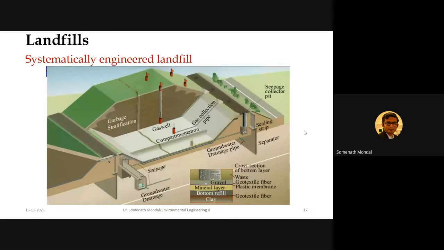And nowadays, if you go to most of the metro cities, you can see that in the vicinity of those metro cities, you have bigger landfills, which are obviously engineered landfills and municipal solid waste landfills. And now these days, another state of the art technique has come, that is the bioreactor landfill.